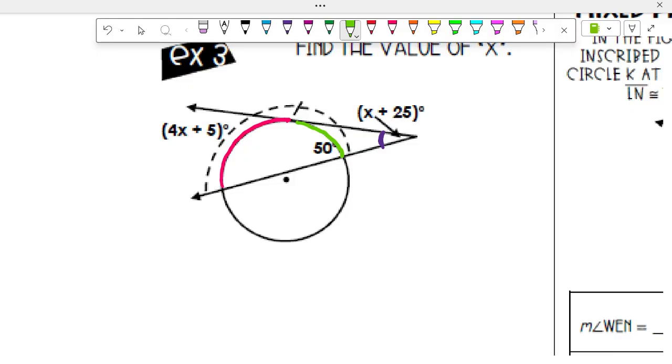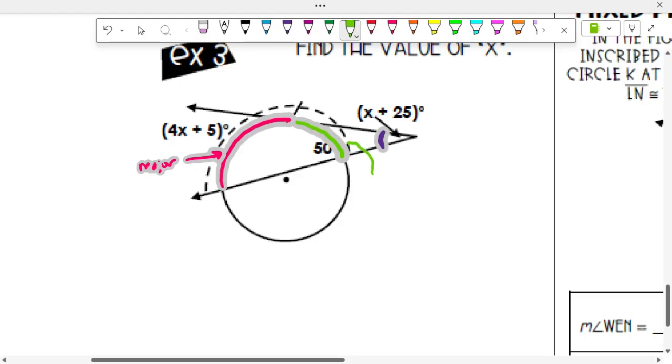Of those two arcs, in relation to that angle, which one's the major, which one's the minor? Right, the major is the red one, or I guess it's pink on my end. The minor is the green, because that's the bottom of the cone, that's the top of the cone.